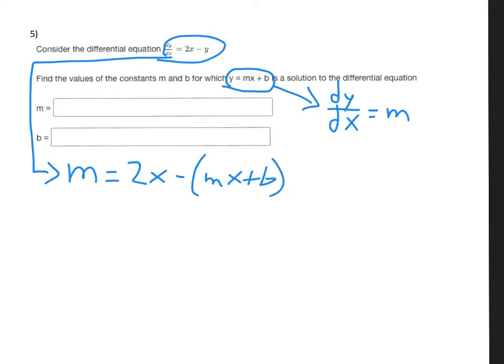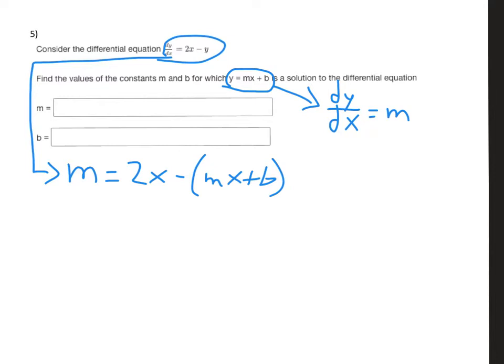So let's follow this again here. First, we said, if this is my equation, y equals mx plus b, then dy dx is m. Now, if we take that and plug it in to this equation, then dy dx is m, just substituting. Leave the 2x as it is, and then replace y with this equation y here.